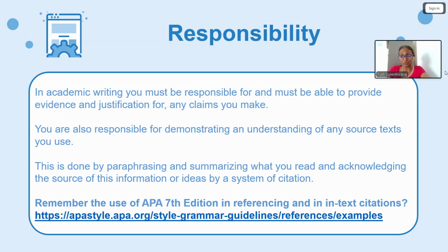For academic writing, you cannot do that. It is your responsibility to show that you have done all the work that is necessary, right? So even if you quote 3 people in your article, right, you have to make sure that all of the information you are presenting is accurate and that you are taking responsibility for it, right?